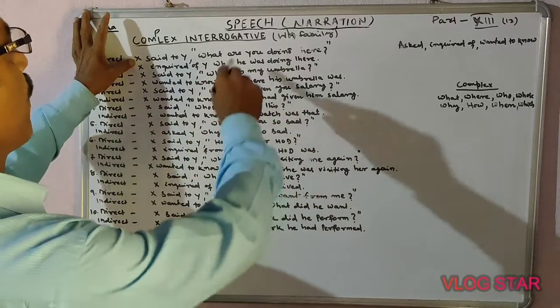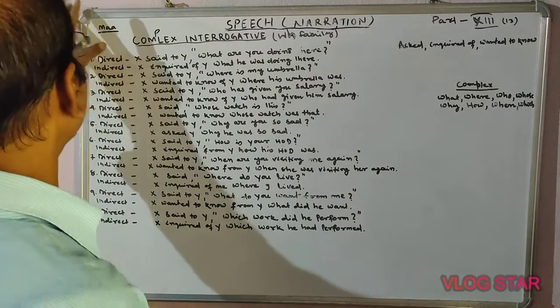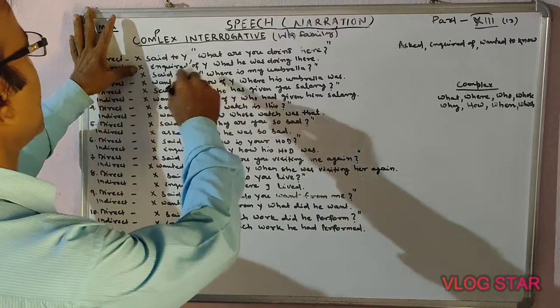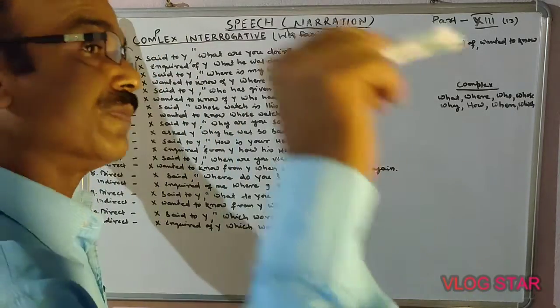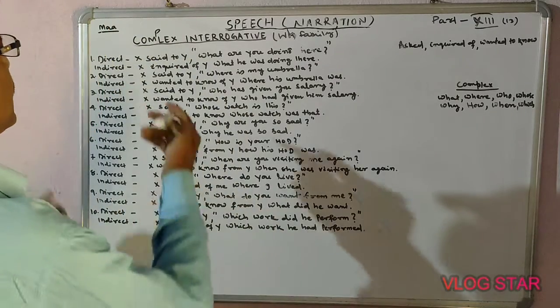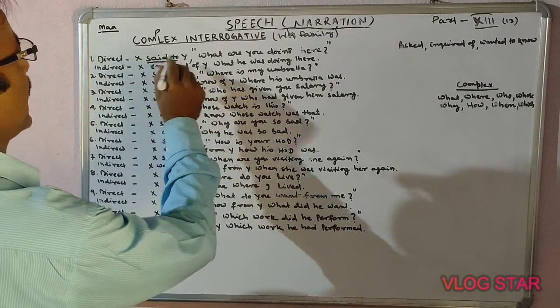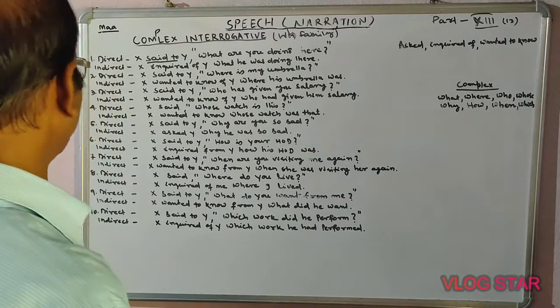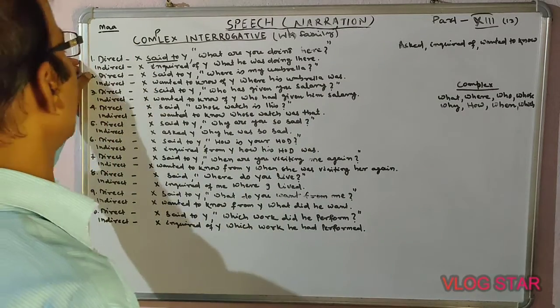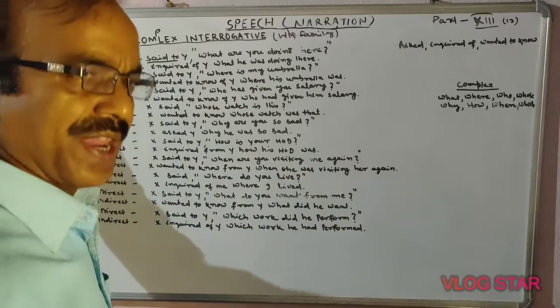X said to Y, what are you doing here? In indirect speech, X inquired of Y what he was doing there. That means instead of said to, inquired of is used. Next one, direct speech.